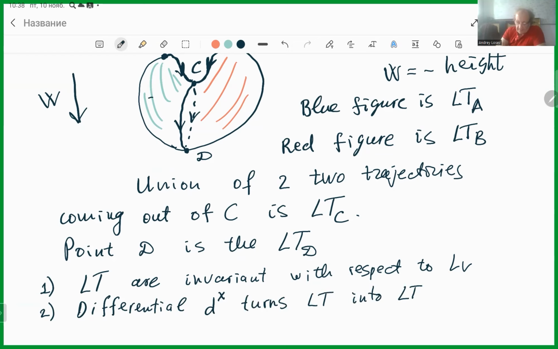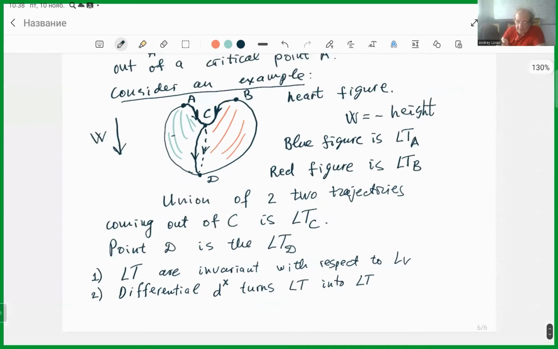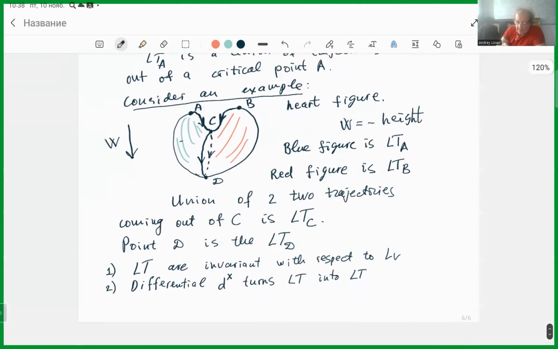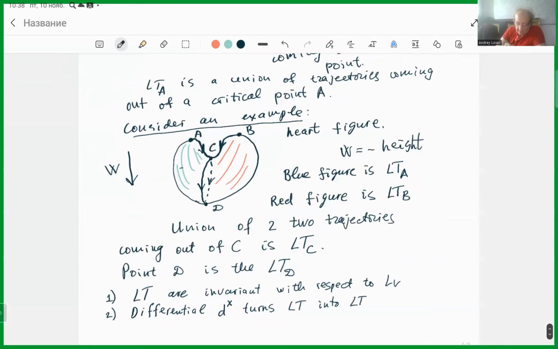In the picture, what is d applied to omega LTA? Let me put here epsilon. We spent some time trying to understand differential forms associated to figures. We will use it.